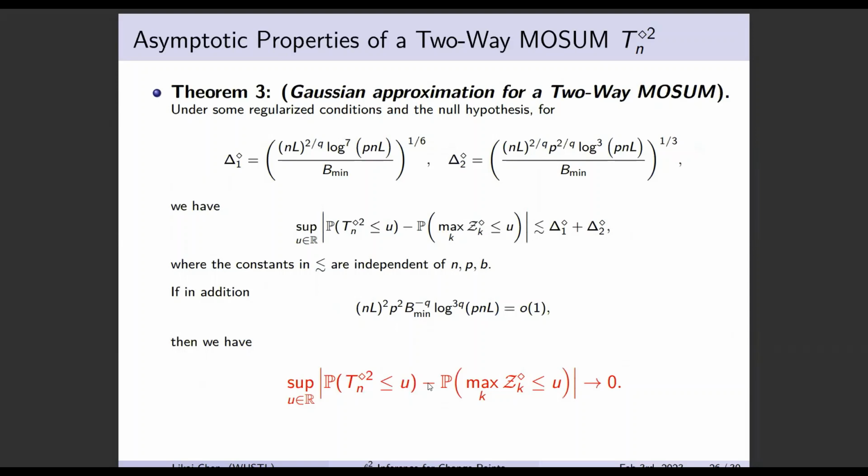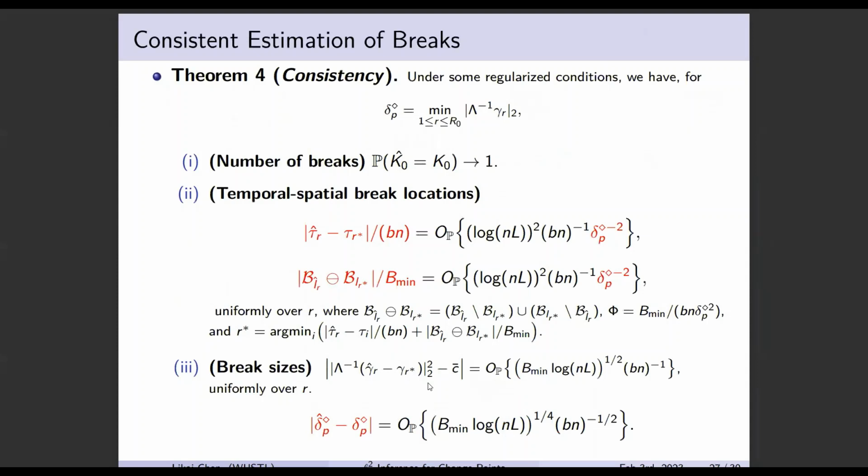The result I show here says that under this group structure, we still have these Gaussian approximation results, which can help us determine the threshold. Based on this threshold, we can consistently estimate the break numbers, the break locations, as well as the break sizes.